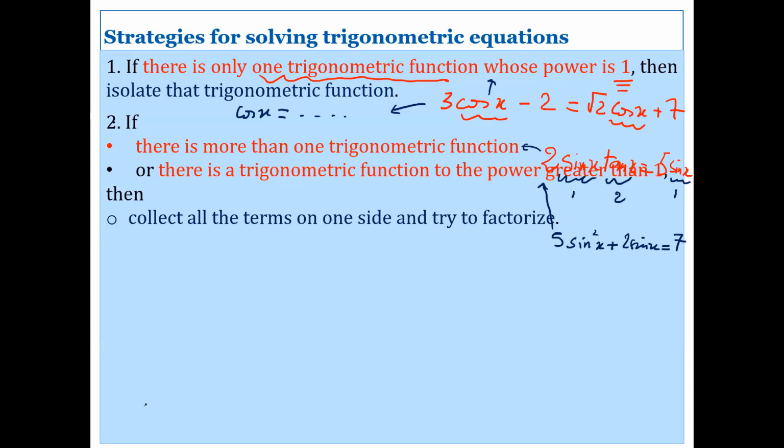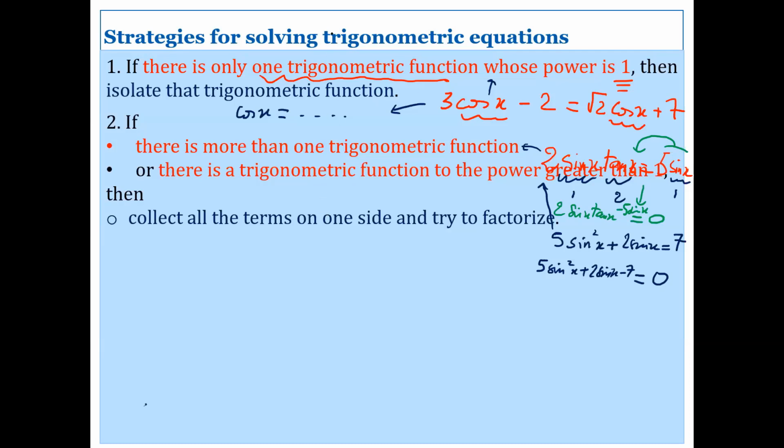What does it mean, collect all terms on one side? This means the second side will be 0 and all terms are gathered on one side. So I get 5 sine square plus 2 sine minus 7 equals 0. So this is the first step to solve a trigonometric equation.